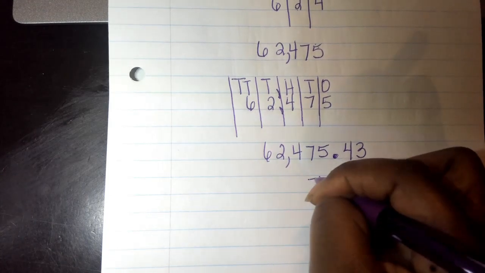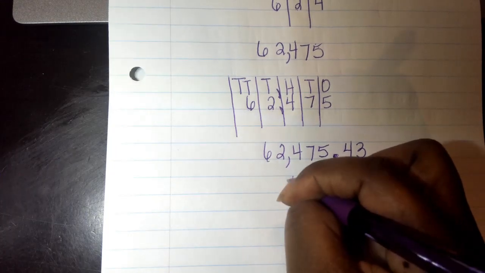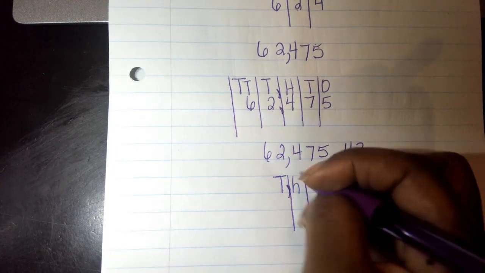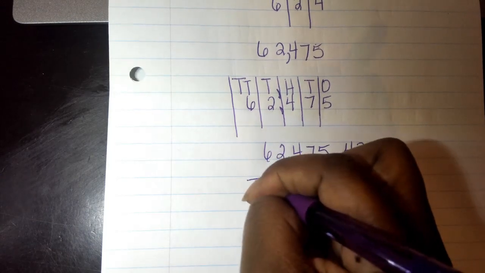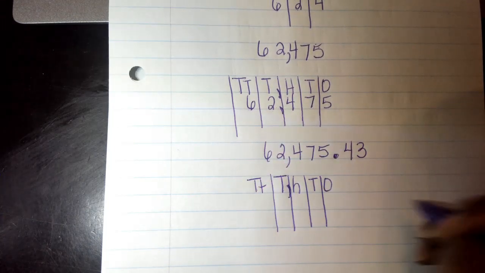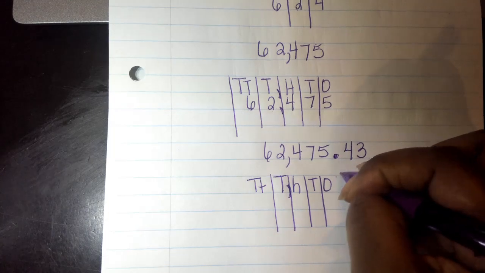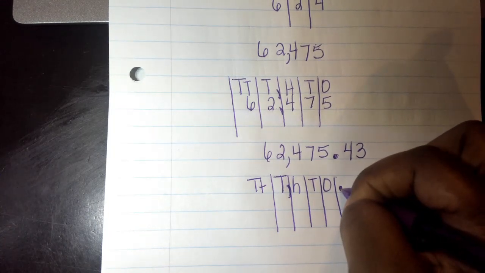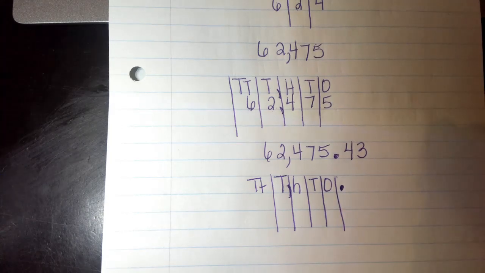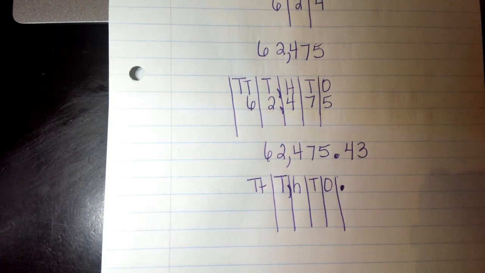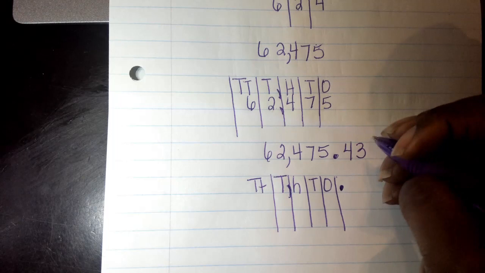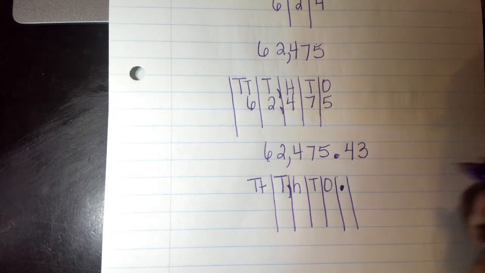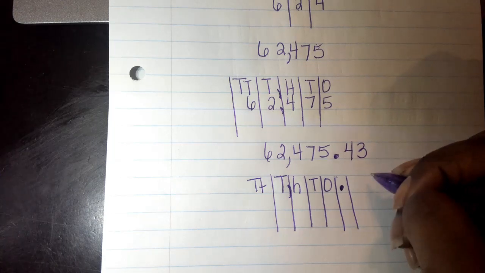Ones, tens, hundreds, then this would be thousands, don't forget your comma, and then this would be 10,000s. On the other side of that ones place, the value is decreasing by a multiple of 10, right? So that's like divided by 10. I'm going to put this decimal by itself, and I'll tell you why in a bit.